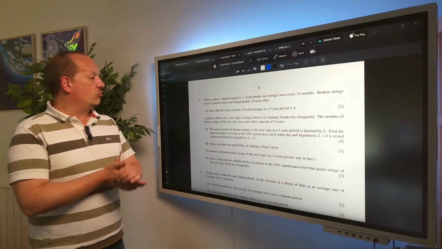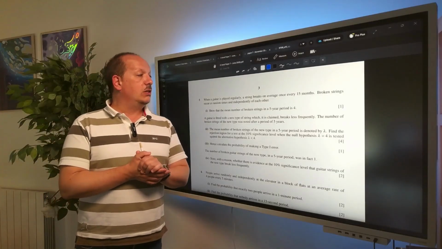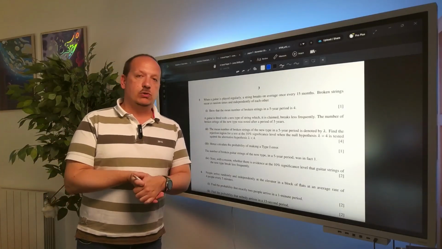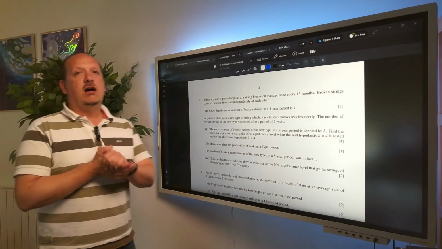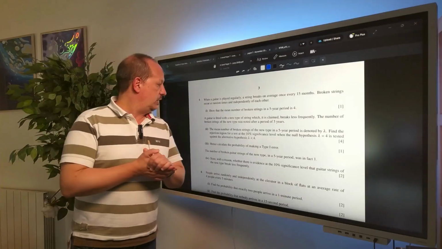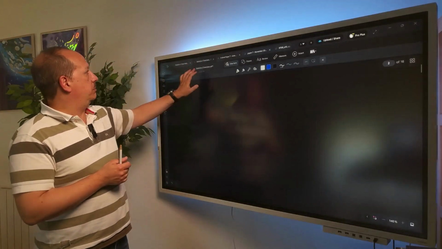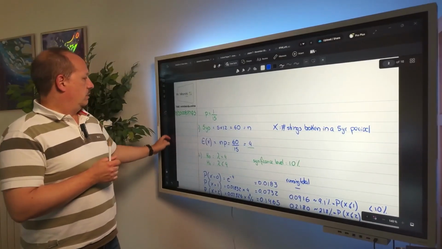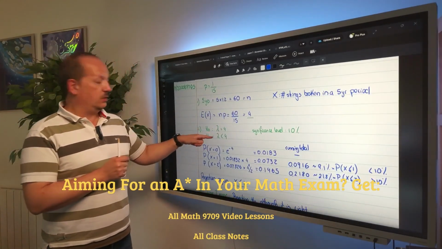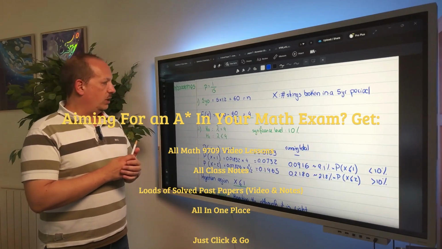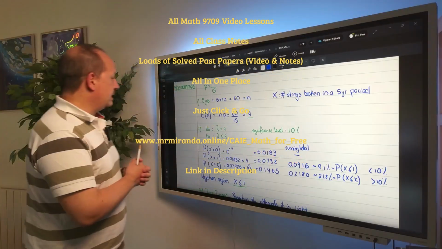Find the rejection region for a test at the 10% significance level when the null hypothesis, lambda equals 4, is tested against the alternative hypothesis of lambda smaller than 4. Okay, so let's put all the information here. The null hypothesis: lambda equals 4. The alternative hypothesis: lambda is smaller than 4. The significance level of the test is 10%.